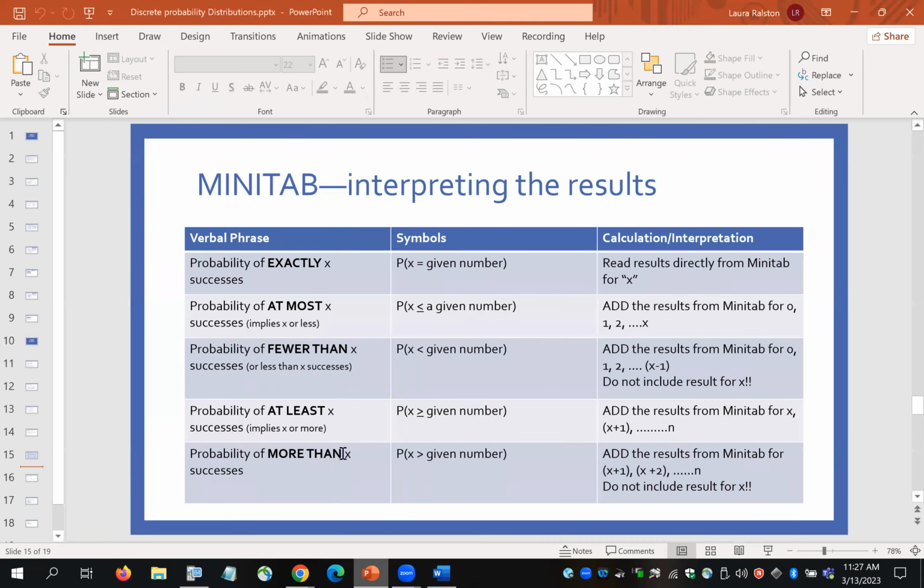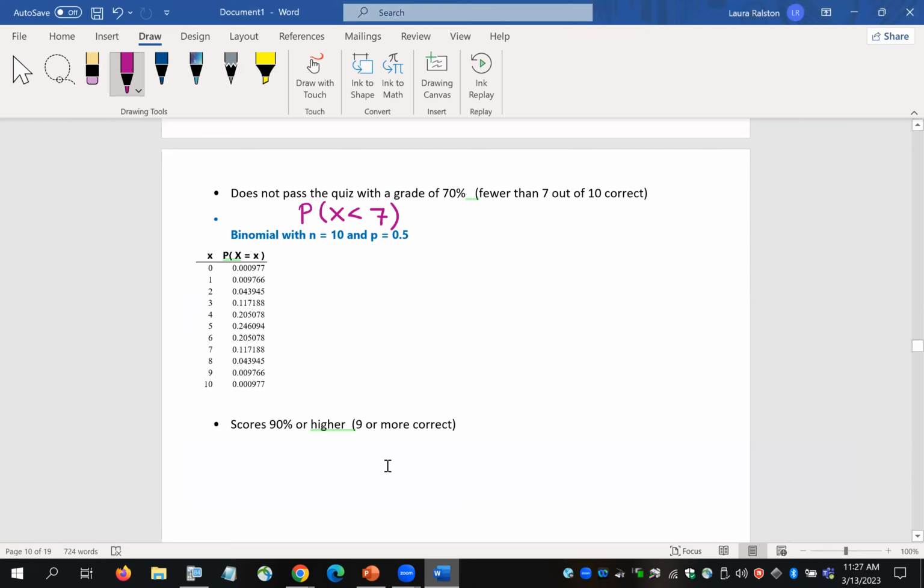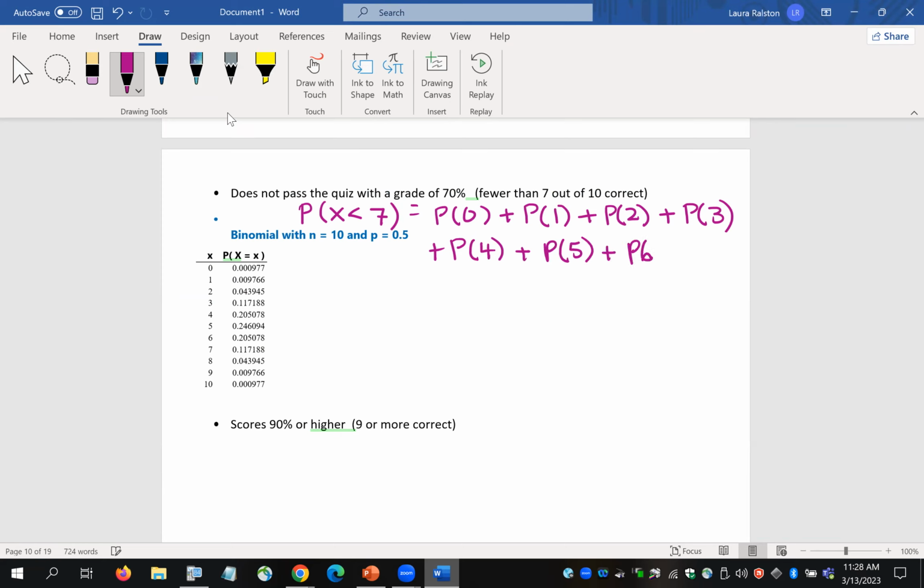Again, if I go back to my table, for fewer than, I'm going to add the results for 0, and I do not include the X. So this would be the probability of 0, probability of 1, 2, 3, 4, 5, and 6.